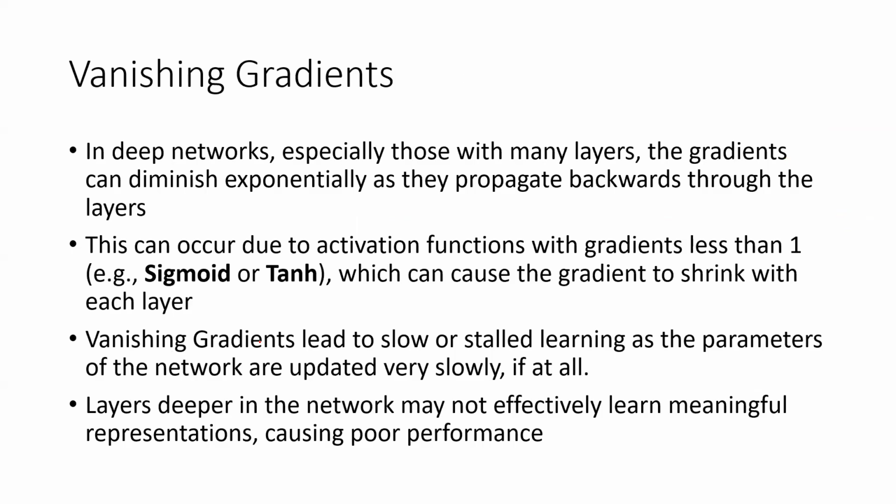First, look at the vanishing gradient problem that you see in deeper neural networks. As you know, the problem is that the gradients get reduced, diminished exponentially as they backpropagate through the layers. So why does it happen?